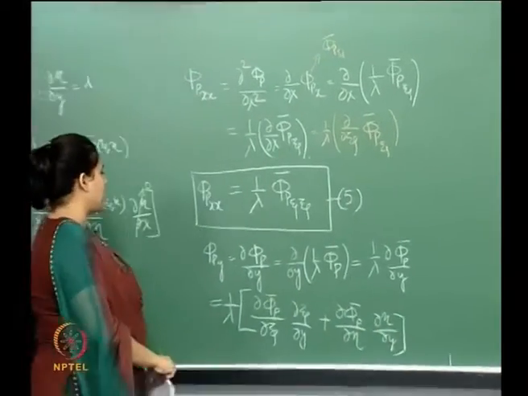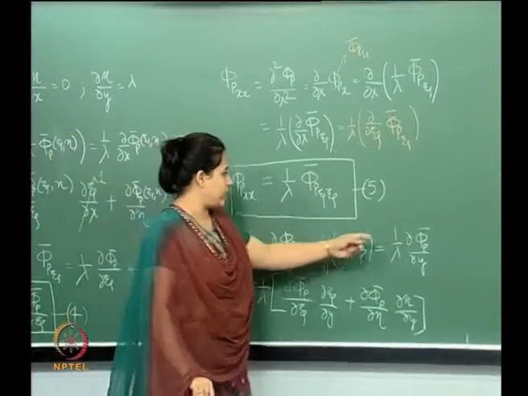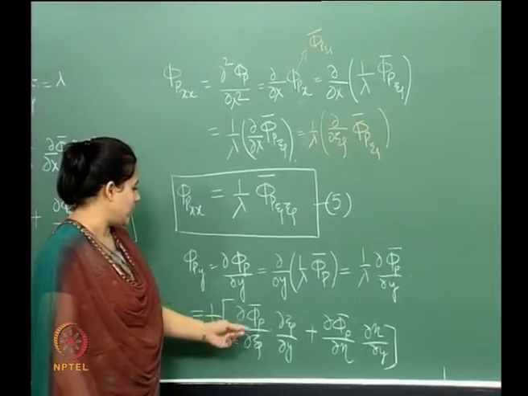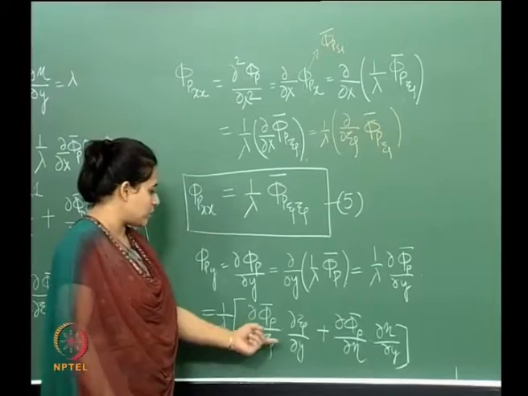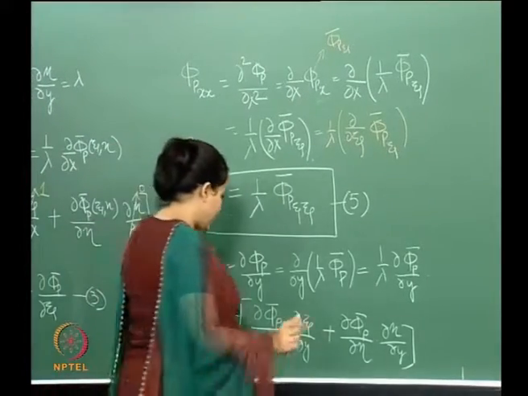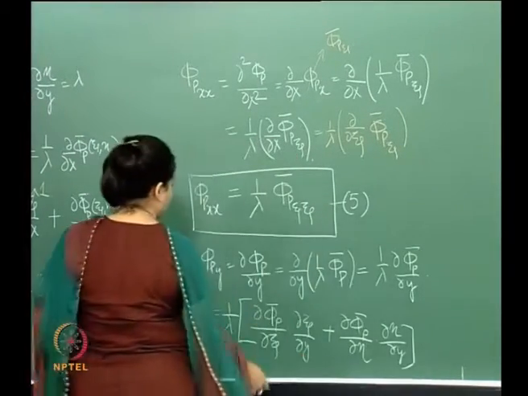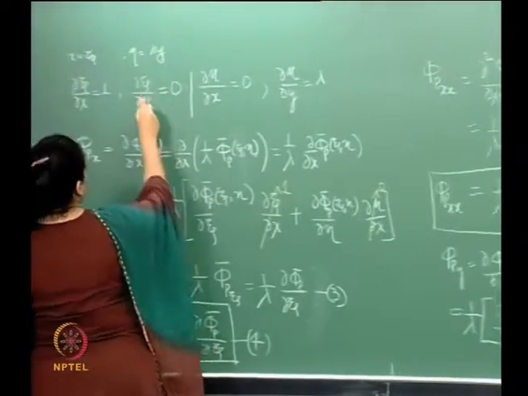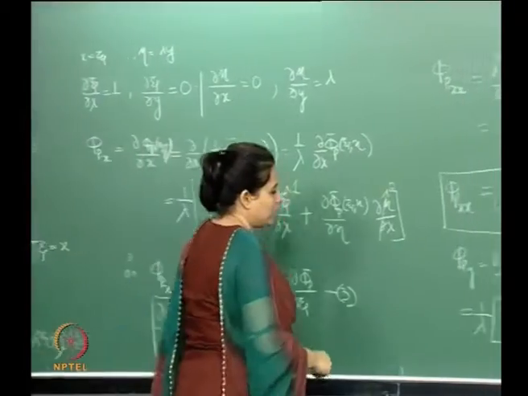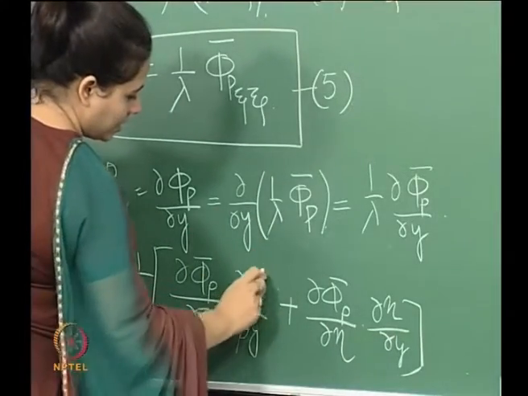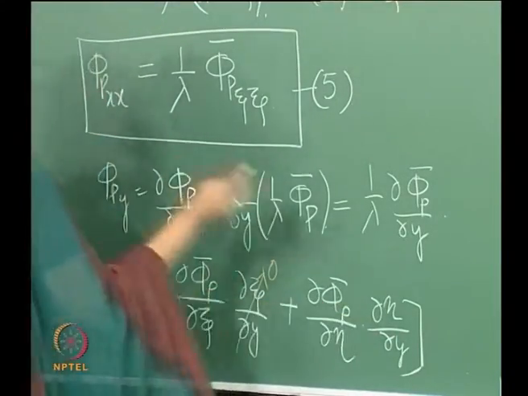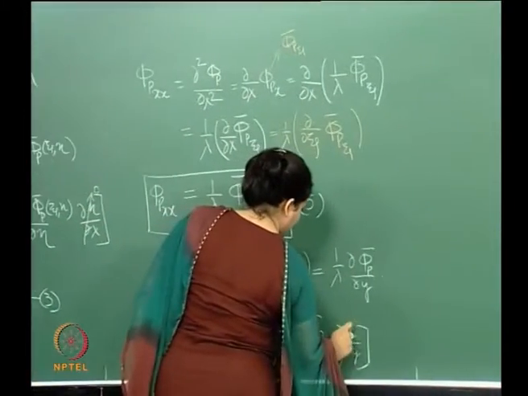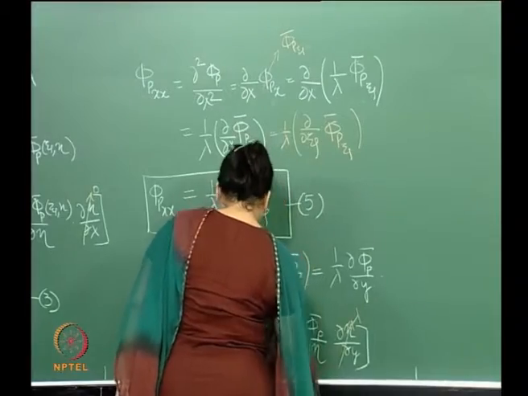Basically we are tracking the change of the perturbation potential in the transform coordinates with respect to the change of both coordinates with respect to y. And again, as we have seen before, del z del y is 0, and del eta del y is equal to lambda.